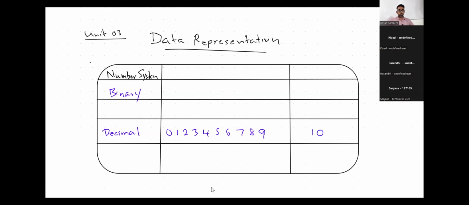But a computer uses only two symbols, which are 0 and 1. The total number of symbols will be 2. We use a term called the binary number system.